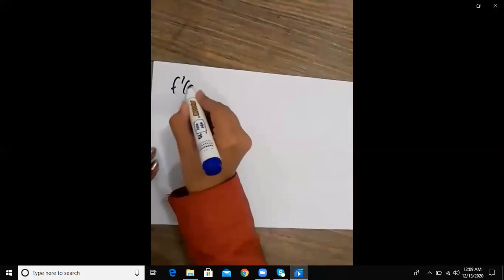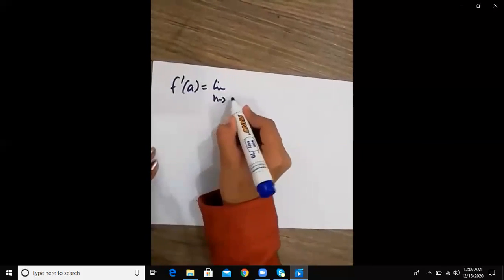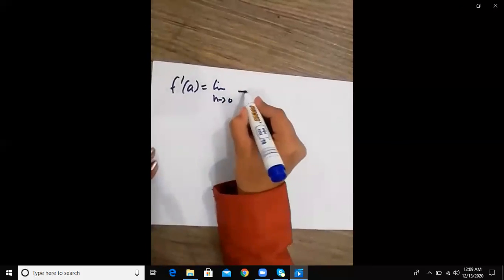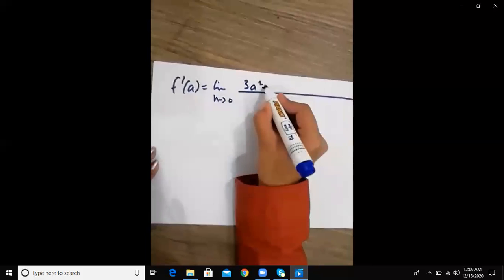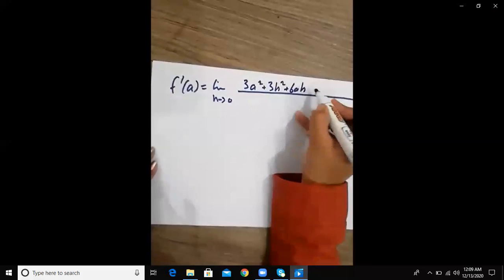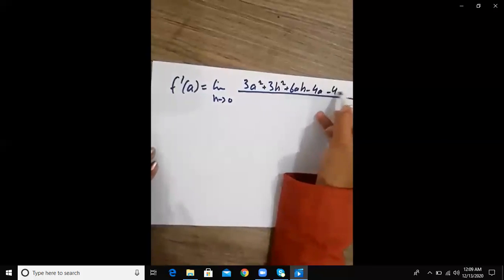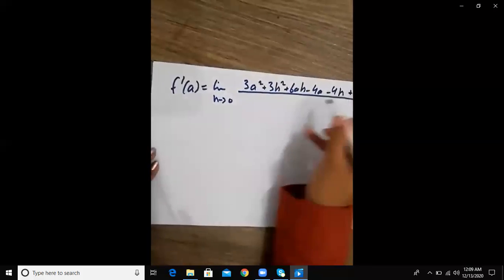So f prime of A is equal to limit h approaches 0. F of A plus h is 3a square plus 3h square plus 6ah minus 4a minus 4h plus 1.